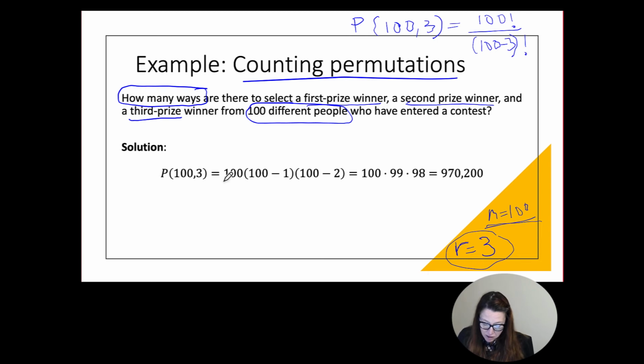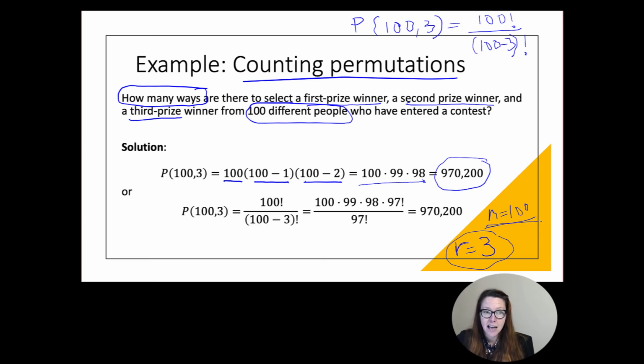And that's the same as 100 times 100 minus 1 times 100 minus 2, or 100 times 99 times 98, which was this answer. Okay, 970,000. The alternative way that you could have represented that, as was done in the chat, is 100 factorial over 97 factorial.